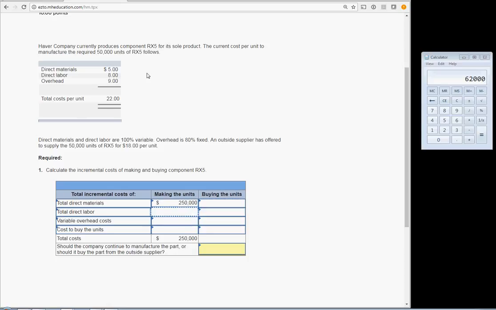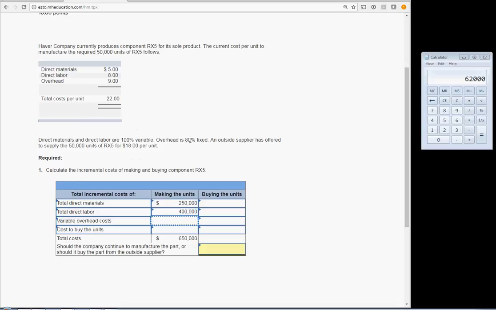What about direct labor? If I have $8 per unit and it's 50,000 units, that 8 times 5 is $400,000 for direct labor. If I buy them, I spend nothing in direct labor. How about variable overhead? Got to figure that one out, right? So overhead is $9, but only 20% of that is going to end up being variable.